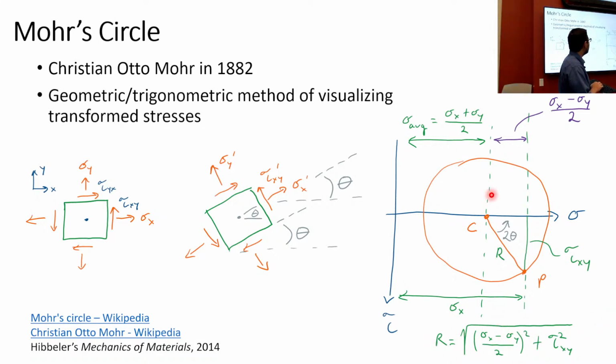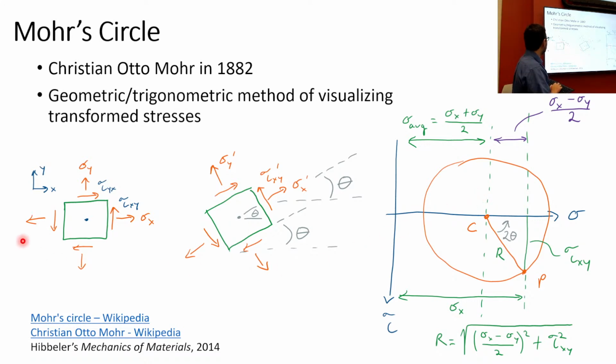Its center is going to be tied to the normal stresses that you have. And don't worry, we're going to go through this very nicely, and I hope it will be pretty gentle. But this is just to give you the overview.